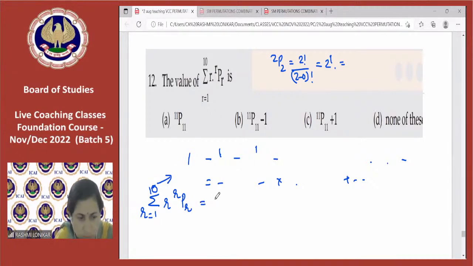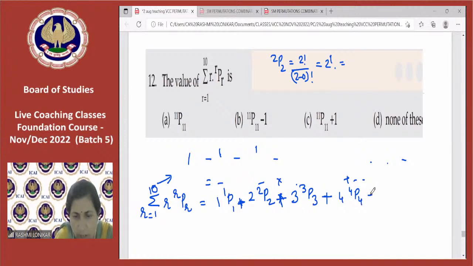So this is equal to 1 into 1P1 plus 2 into 2P2 plus 3 into 3P3 plus, because it's a summation sign, every time I change the value of r, I will write a plus sign. Plus 4 into 4P4 and up to 10 into 10P10. This is the meaning of this.